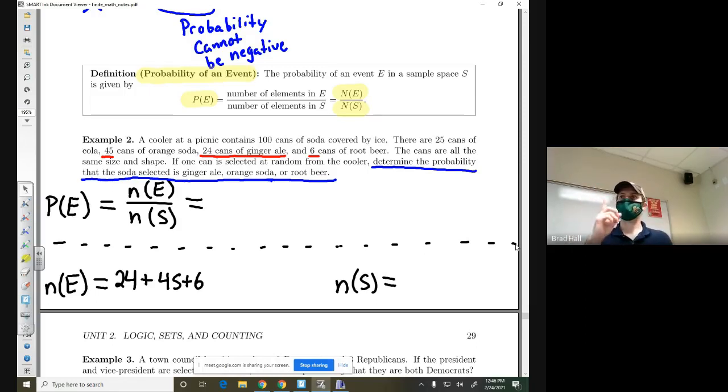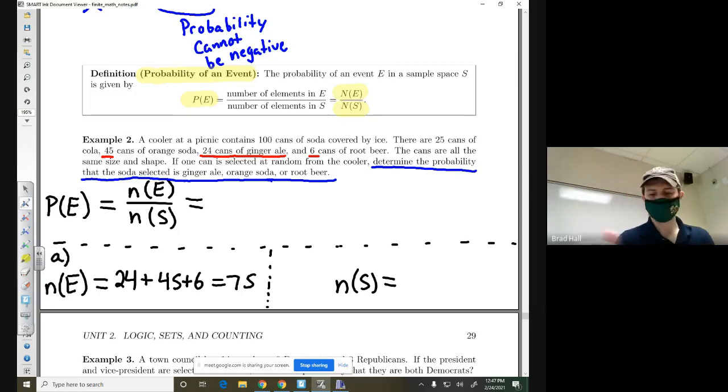It's saying you're picking 1 can, and that's your total number of options. So that's why we're adding in this case, not multiplying. We're only picking 1 can, which means it's one number. And so 24 plus 45 plus 6, what is that, 75? So that's the first part.